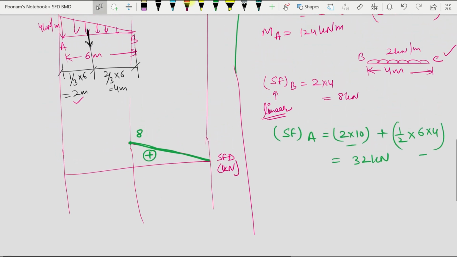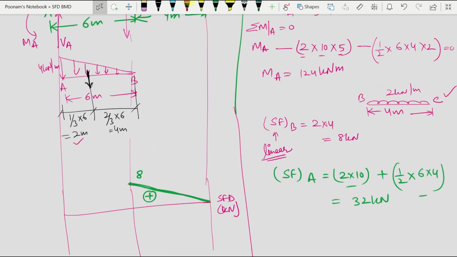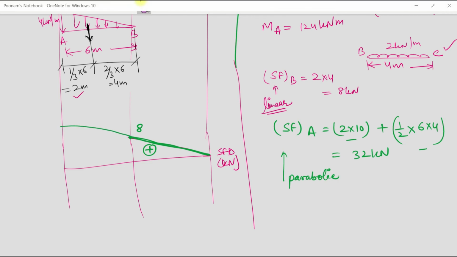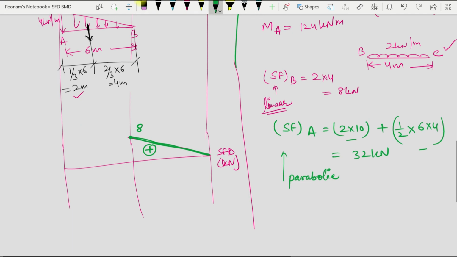Now here the loading is triangular. My shear force diagram will be parabolic for this span. The shear force will be parabolic. So I can draw it like this, or I'll try to draw it up to some scale.